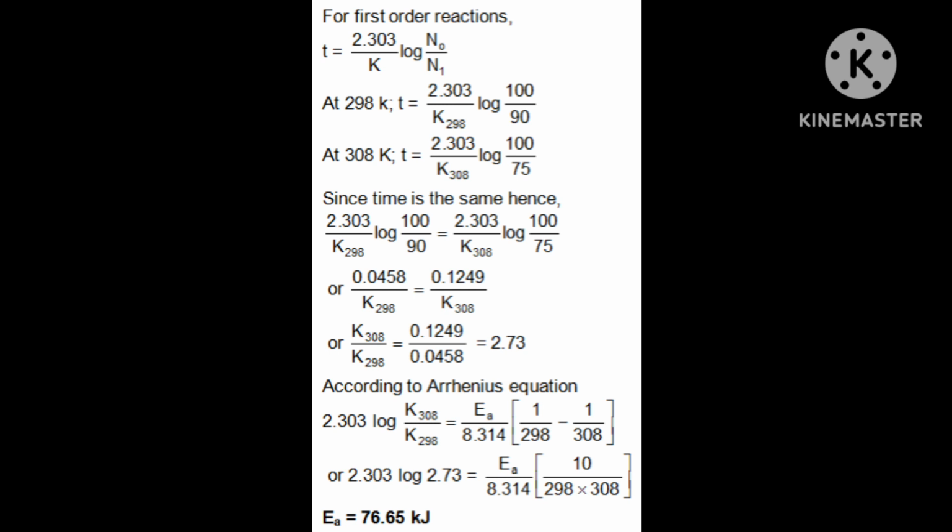Just reverse. By cross multiplication you got this value. K is equal to 2.303 divided by T2 minus T1, log R0 divided by R. Okay.